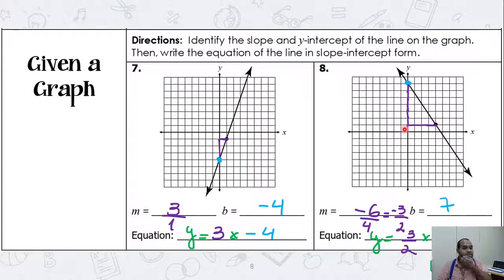My rise is -6, and my run is 1, 2, 3, 4. My rise over my run is -6/4. If you simplify it, it is -3/2. And you write the equation y equals 3/2 x plus 7.